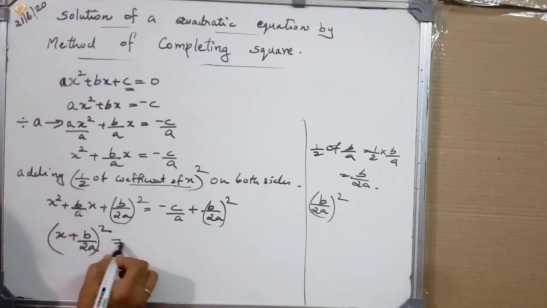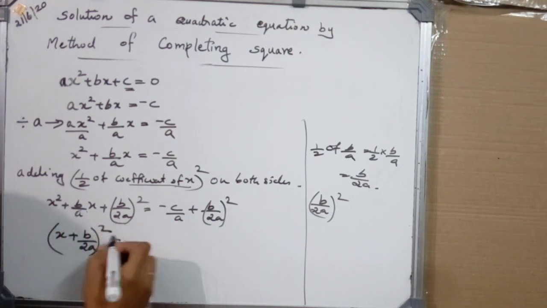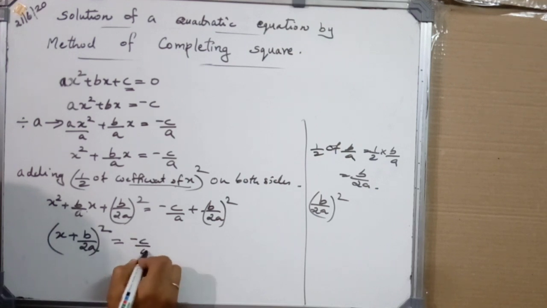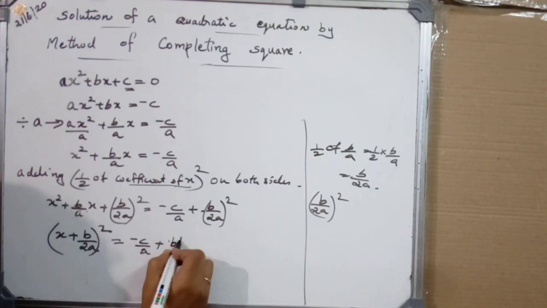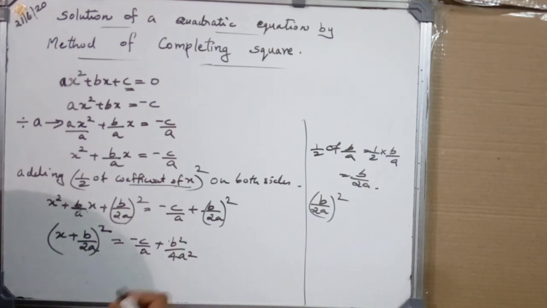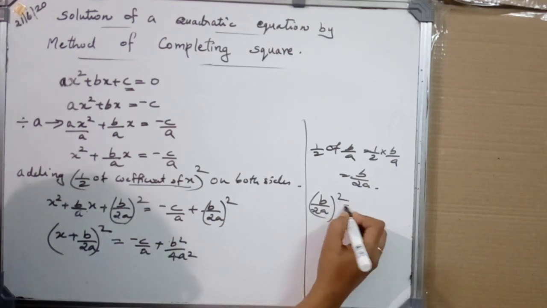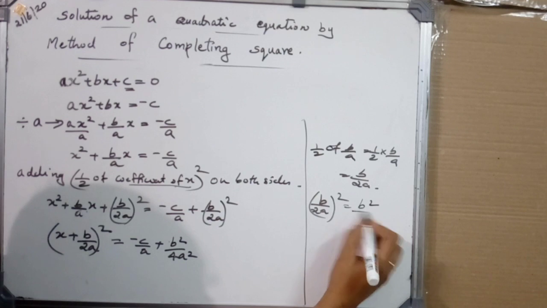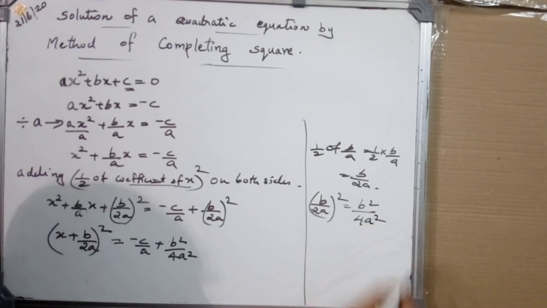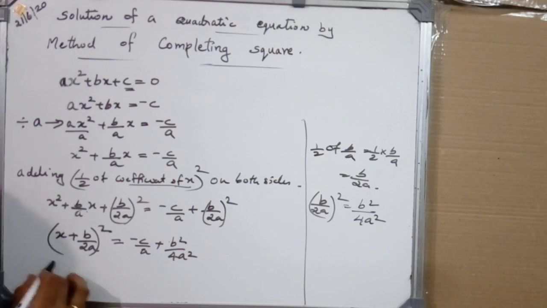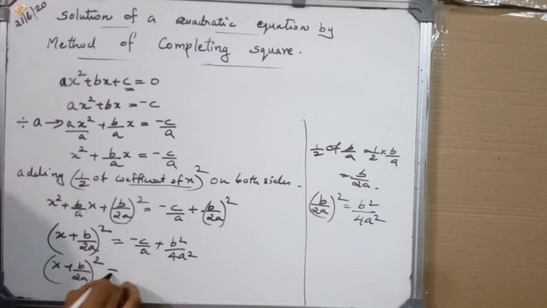Now x plus b by 2a the whole square is equal to minus c by a plus b square by 2a whole square. 2a whole square means we can write it as 4a square, and b square means b whole square.